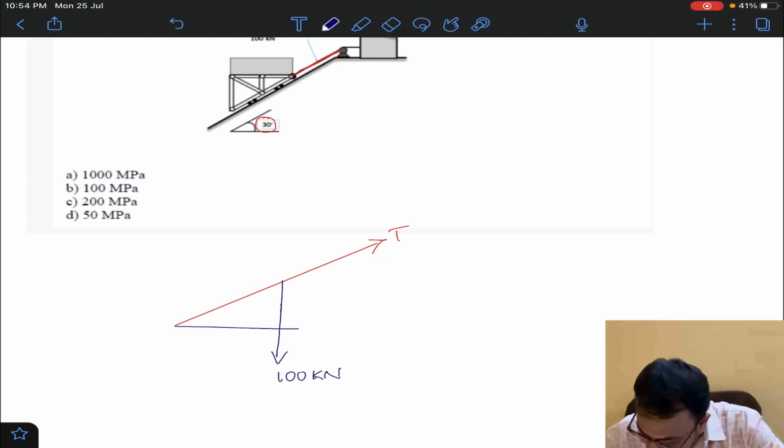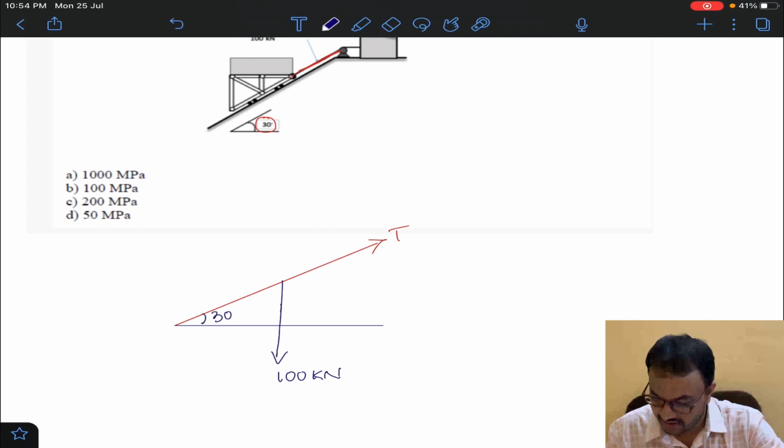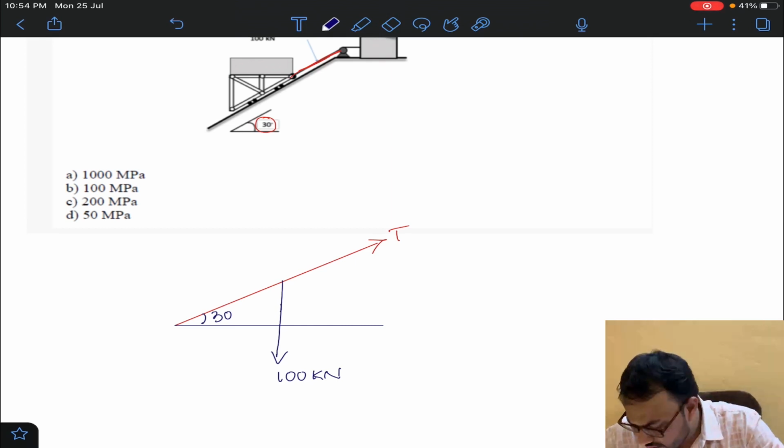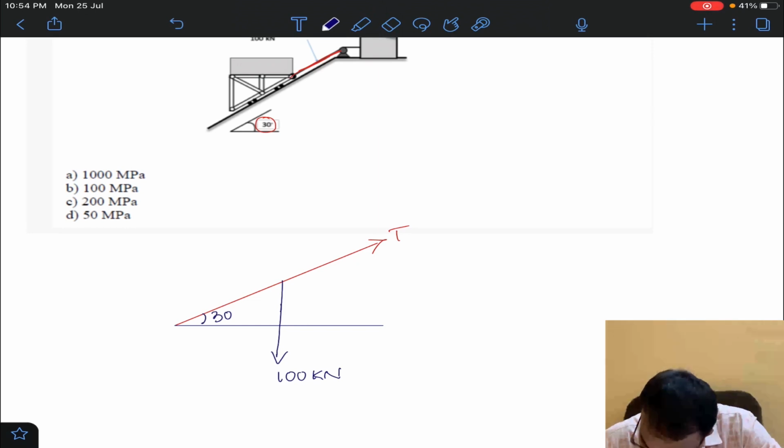And the angle of inclination he has given, this is 30 degrees. Okay. And this 100 kilonewton will be resolved into two components, that is perpendicular to this surface and parallel to this.